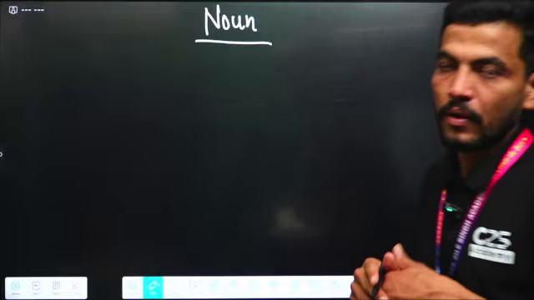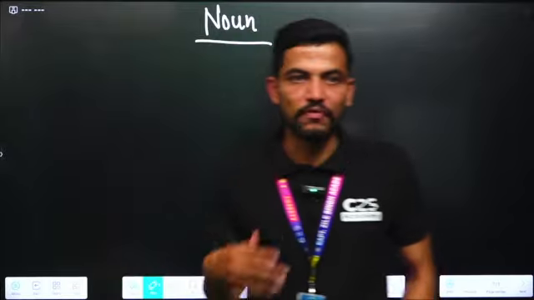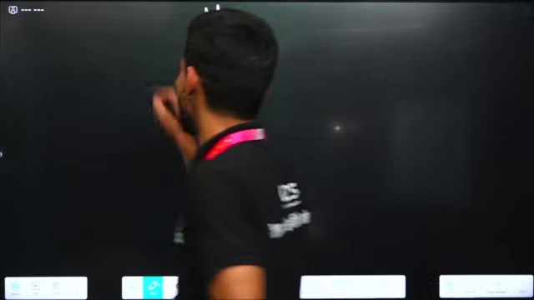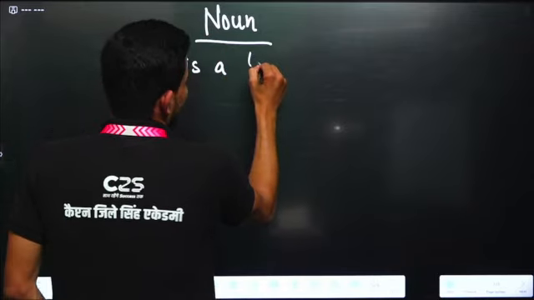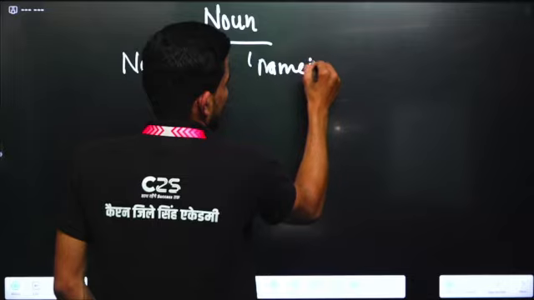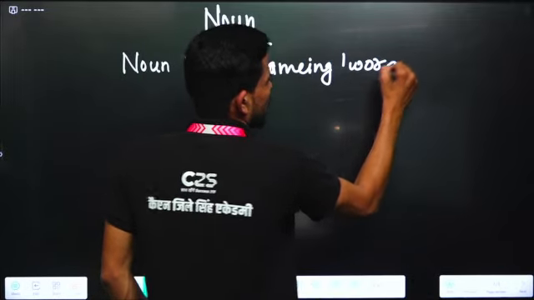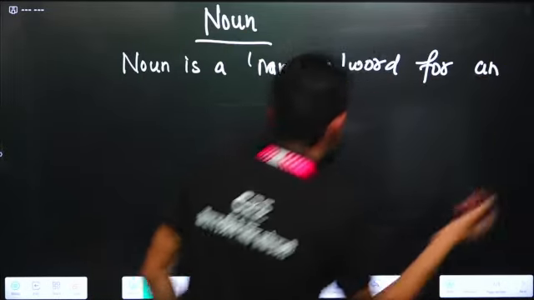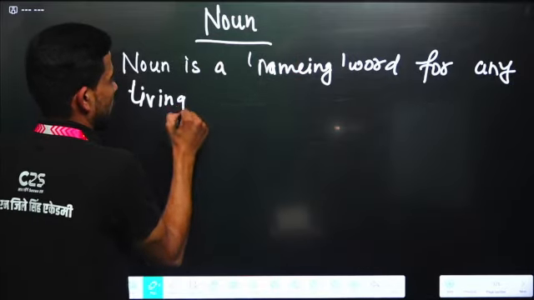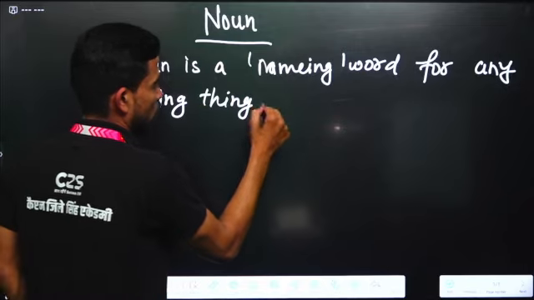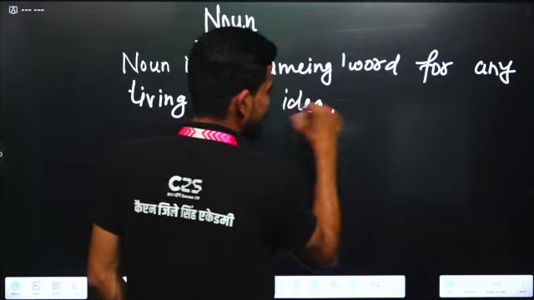A noun is a naming word for a living thing, for an idea, or for anything.